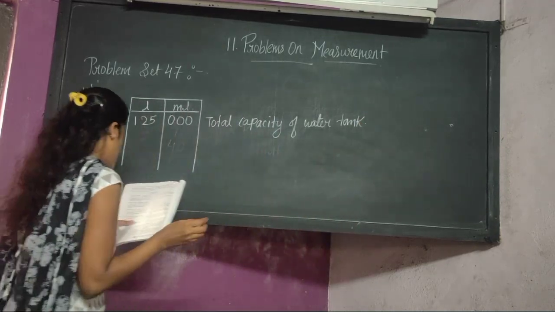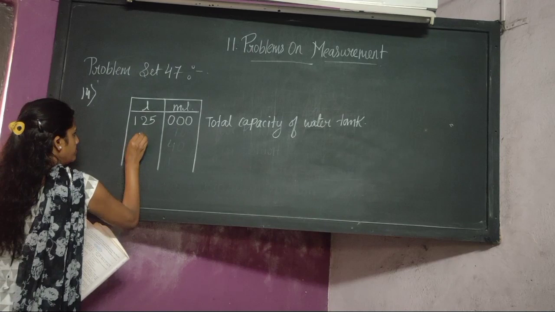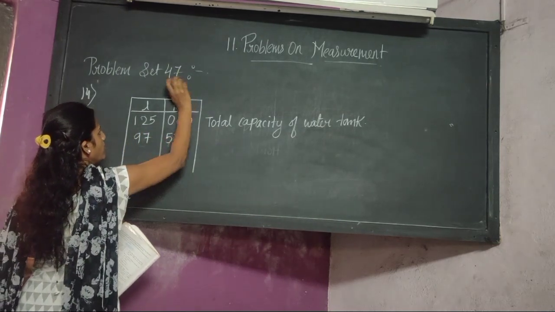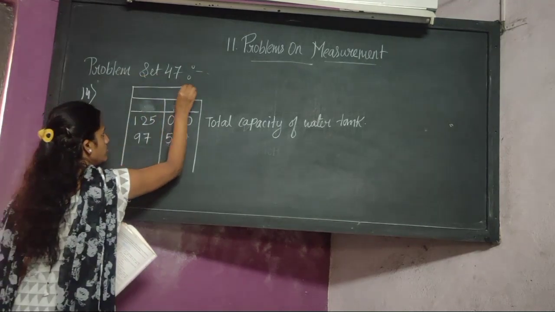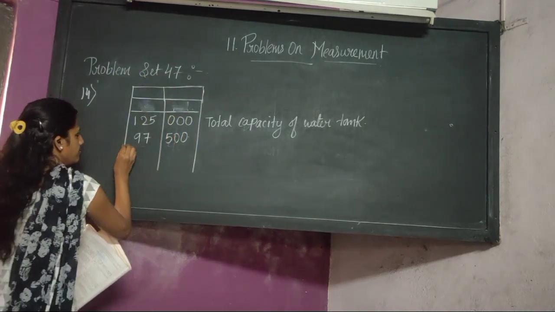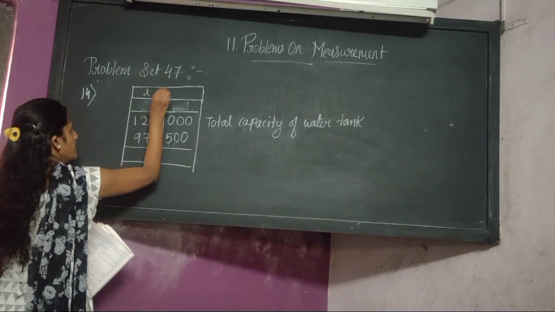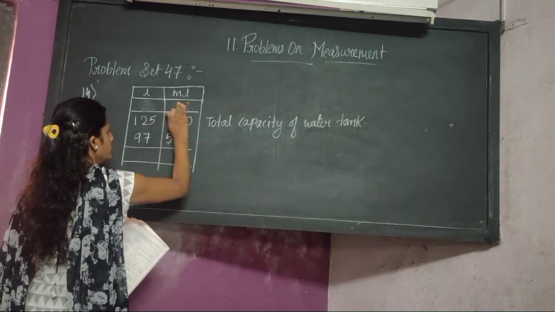And the water used is 97 liter 500 milliliter. Okay, we will take one more row for borrow. Let's write the unit here, liter and milliliter. This row I left for borrow.